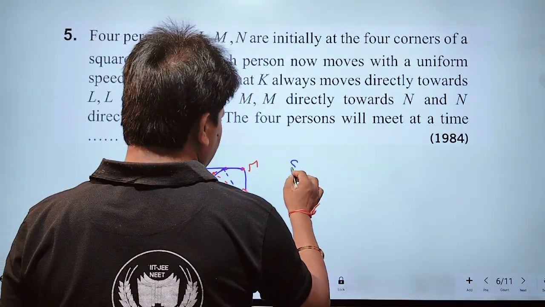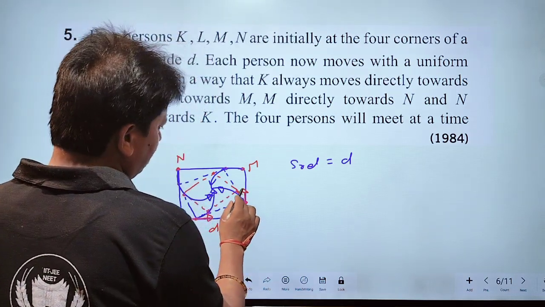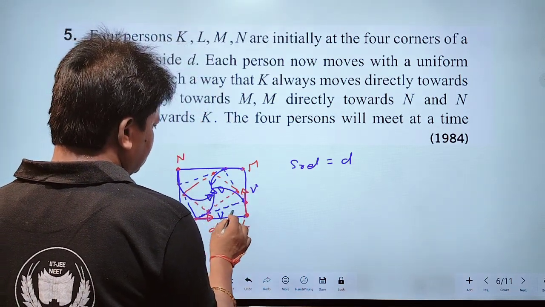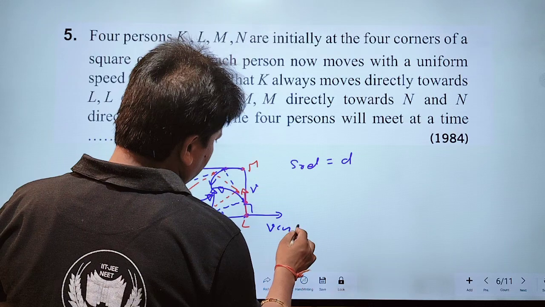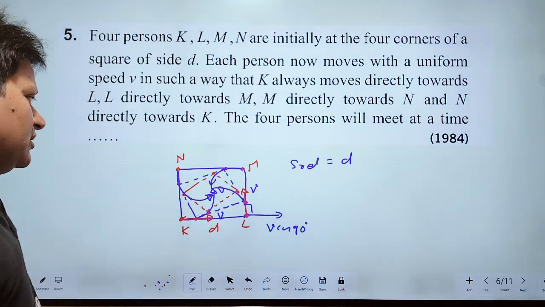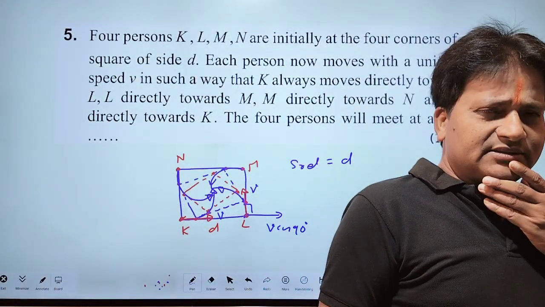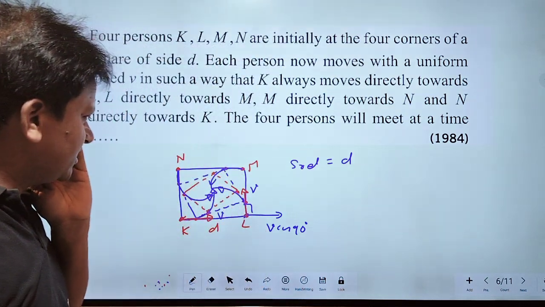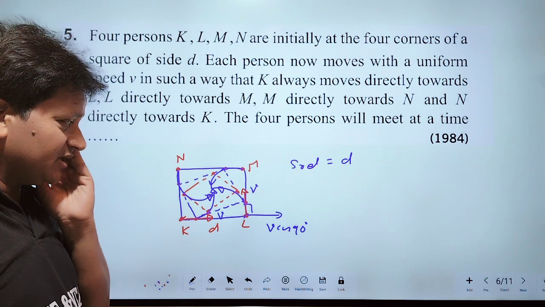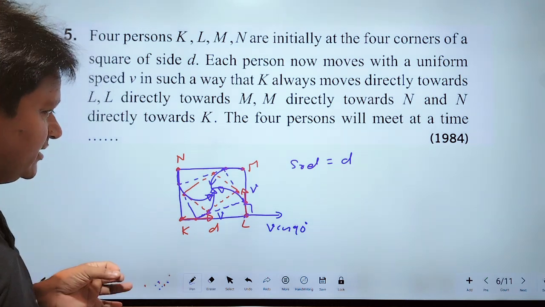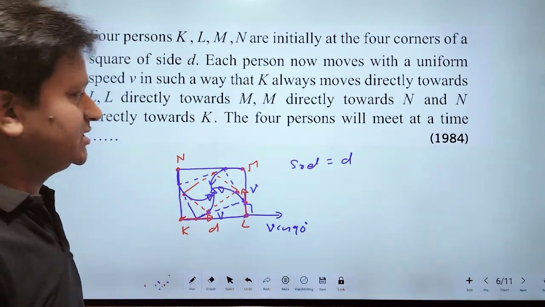Here the relative separation is d, and the relative velocity is the component of this velocity in this direction, v cos 90 degree. We know that if two particles have velocity in the same direction, then we take their relative velocity, which is equal to the difference of their velocities.